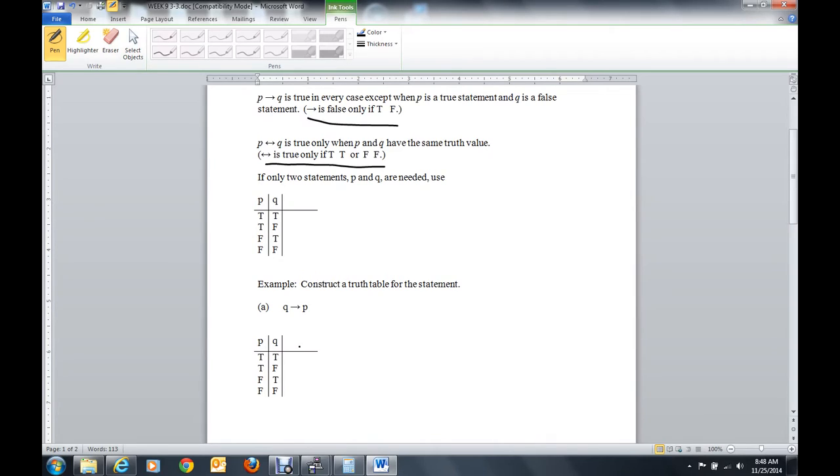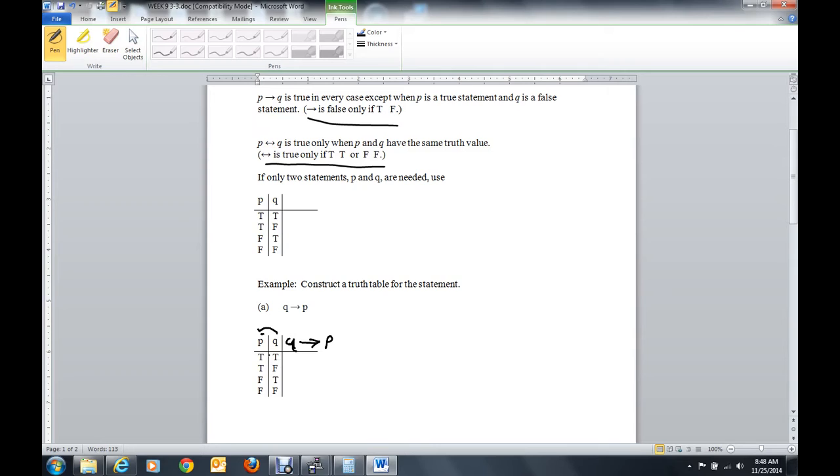Let's do some examples. We're going to do if Q, then P. When you look at this, you're actually going to look from Q to P. Also take note that the if-then statement is false only if it goes from true to false.